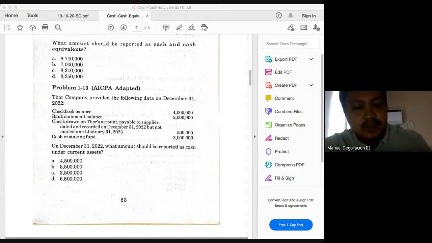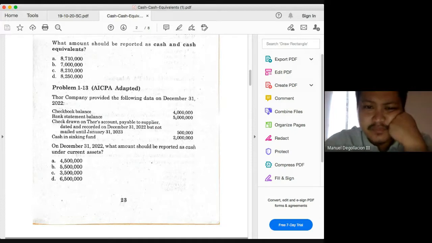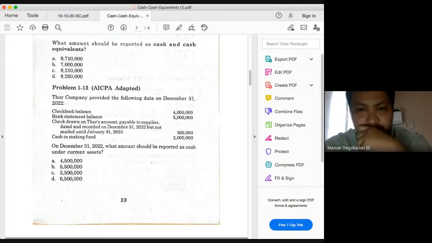Okay, so the approach for this problem would be to determine what balance we will be using to arrive at the adjusted or correct cash in bank balance. And to answer that, you will have to figure out whose records will have to be adjusted based on the information given in the problem.